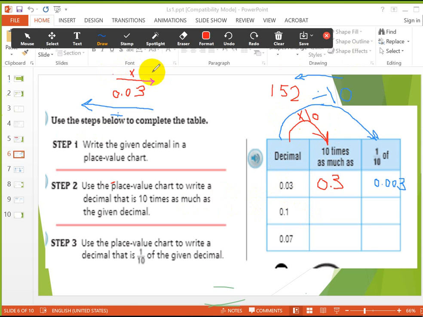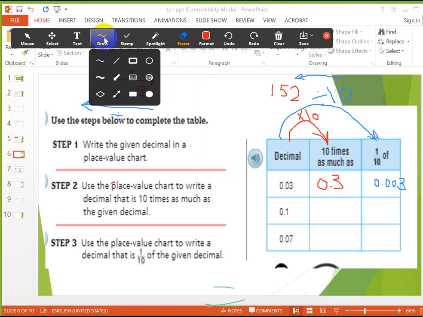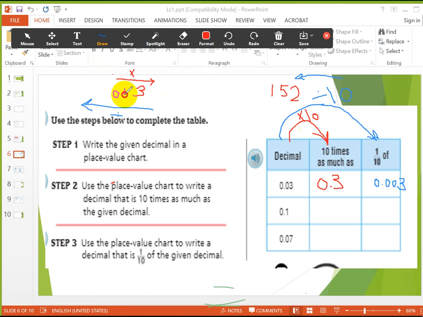To the right side. Here I will move the decimal point only one digit to the right side, so the decimal will be right here. I will erase the decimal here and it will be here, the decimal point. So you have to erase it from here and it will be right here.